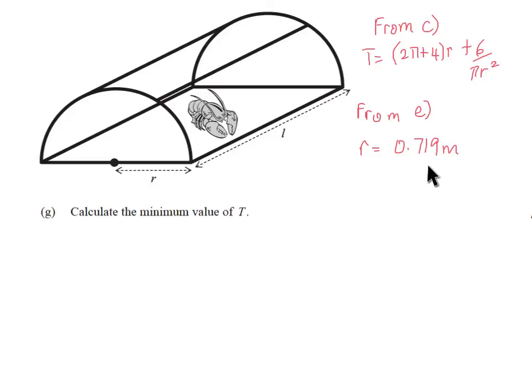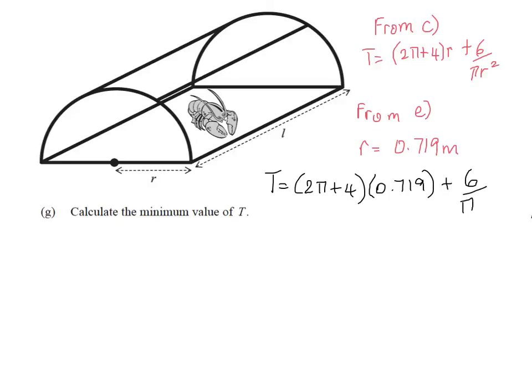So all we have to do at this point is plug our r value into that equation, and we'll get our minimum T. So let's go ahead and do that, and we'll be done. So T equals 2 pi plus 4, just rewriting, times our r value, which is 0.719, plus 6, again just rewriting, over pi r.